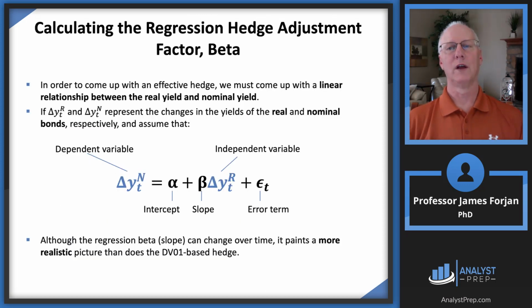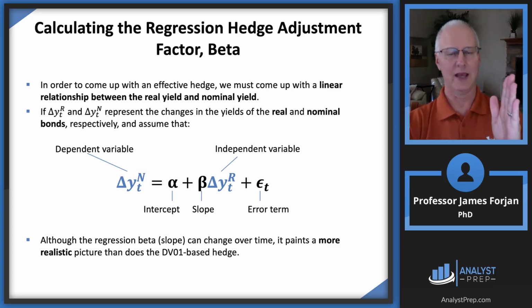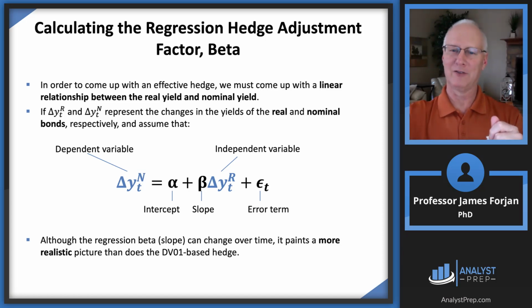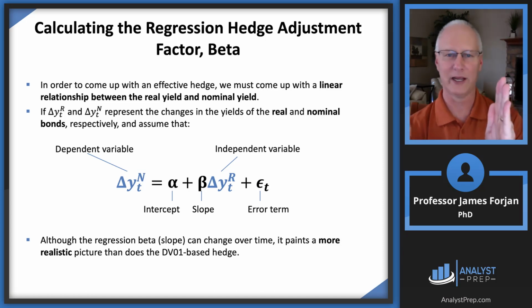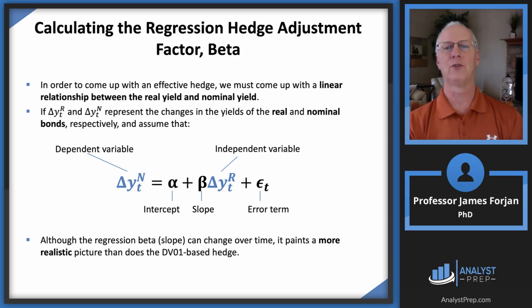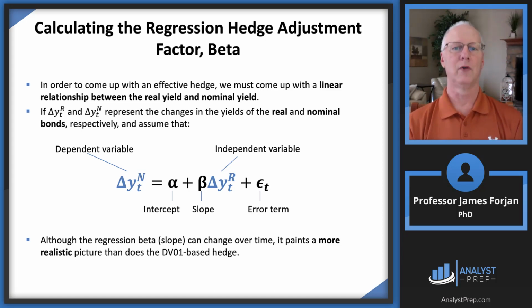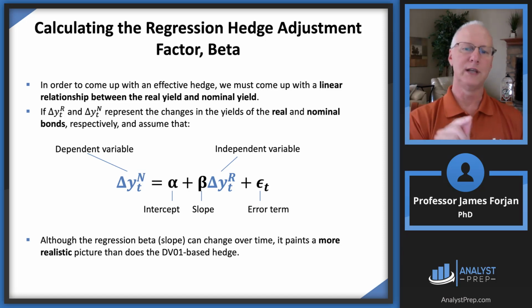Now, of course, that's not a perfect hedge. So the question is, can we hire somebody to come in with big muscles and turn our vise so we can squeeze it a little bit closer together? And that big muscular person, of course, is going to be regression analysis. So notice that the independent and the dependent variables are delta y.